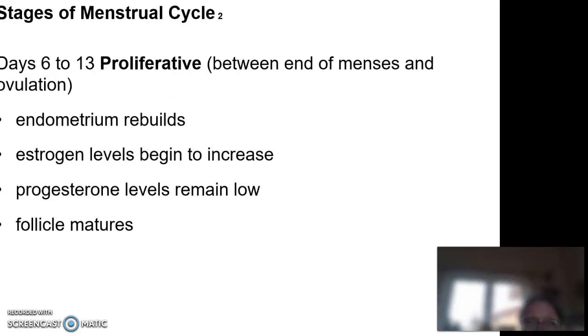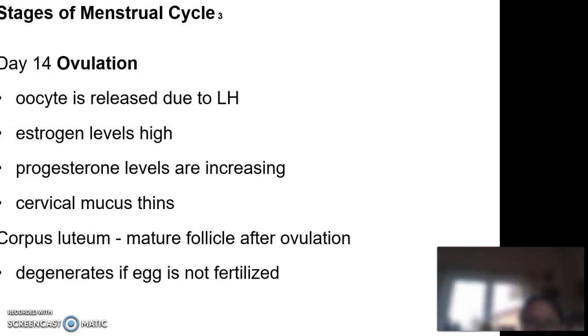Days 6 to 13, everything grows and proliferates, and the endometrium rebuilds. Estrogen levels begin to increase, progesterone levels remain low, and your follicle matures. And then day 14 is the ovulation.